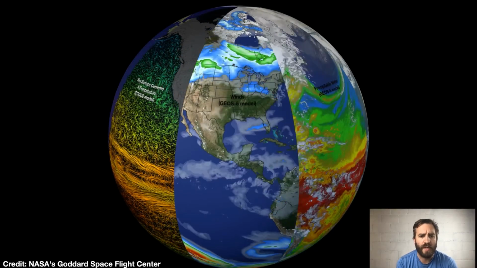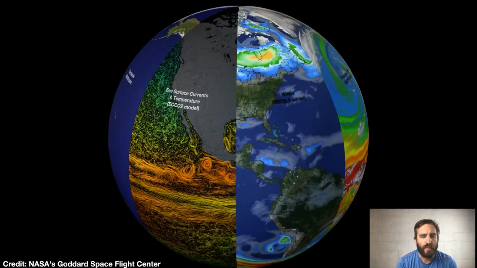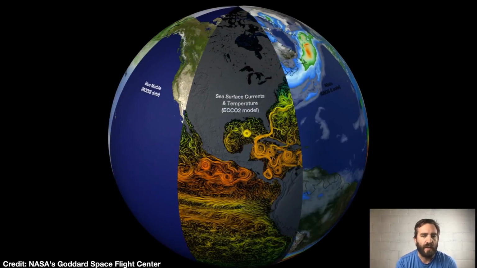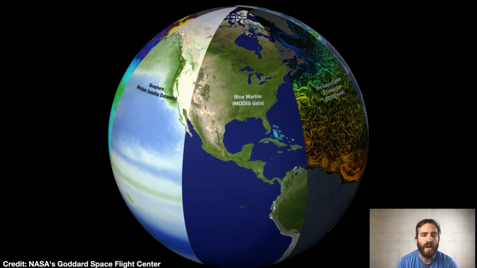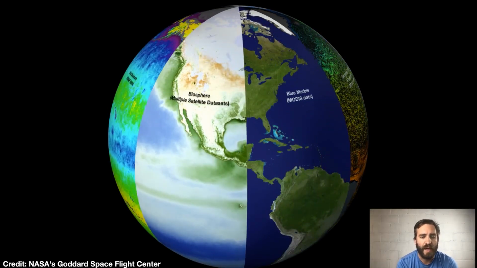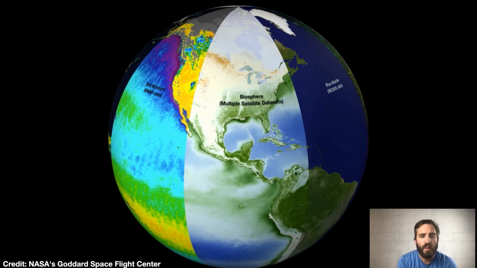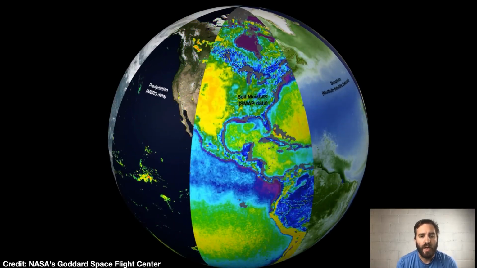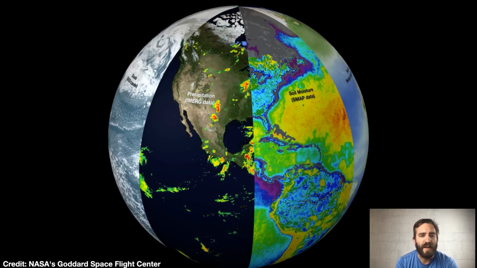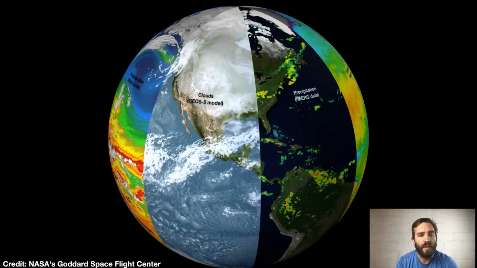So let's start with the data. I'm an oceanographer, and I could look at movies like this all day. This is one from NASA, which just shows the richness of observations and simulations we have about our planet. So what we're looking at is an array of many different fields observed by satellite, simulated by weather and climate models.